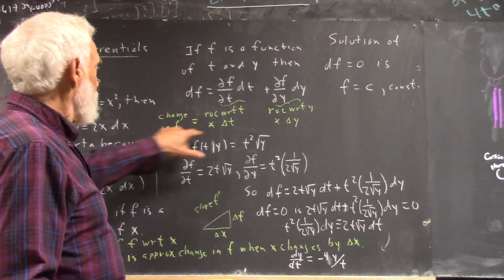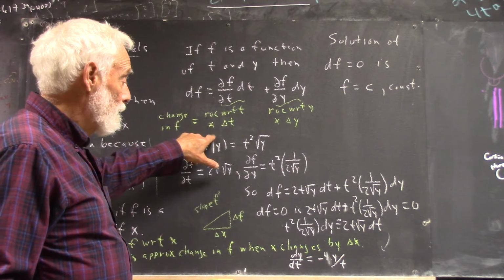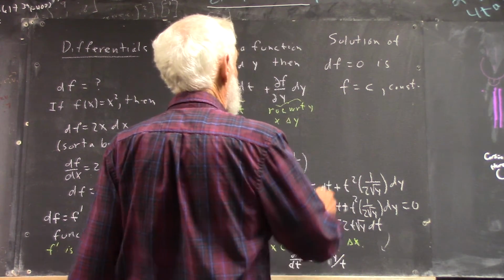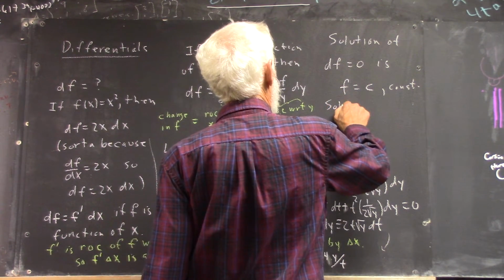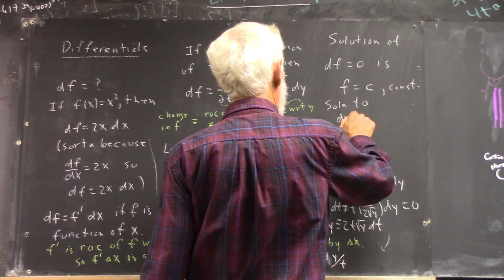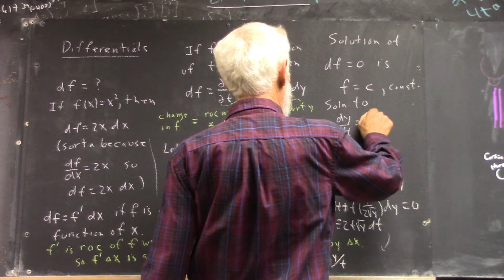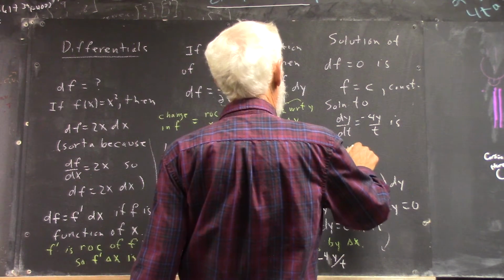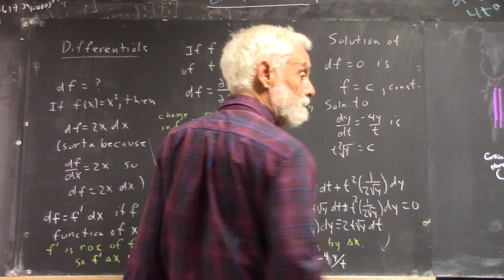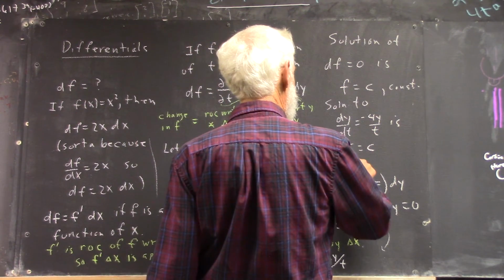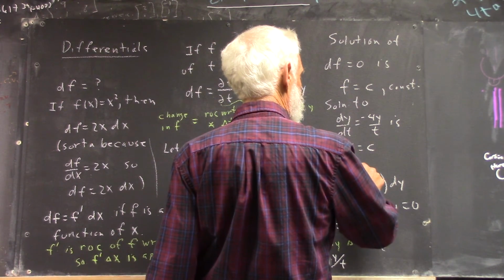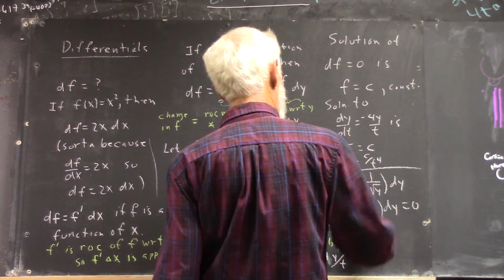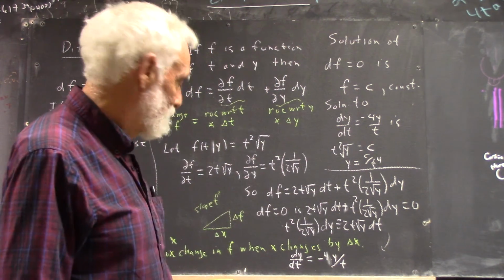You know, change in f is always 0. So the solution to the equation dy dt equals negative 4y over t is t squared square root of y equals constant. y equals constant over t to the fourth, for any constant.